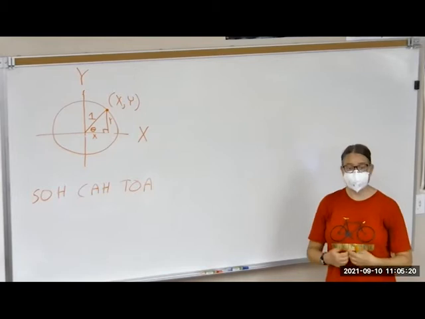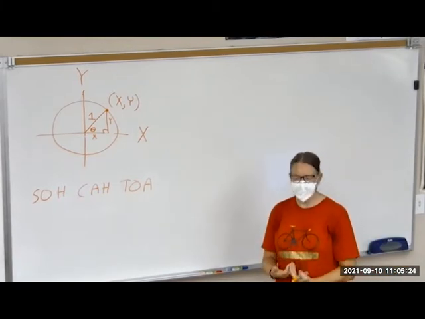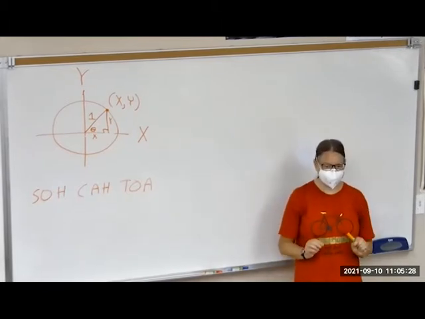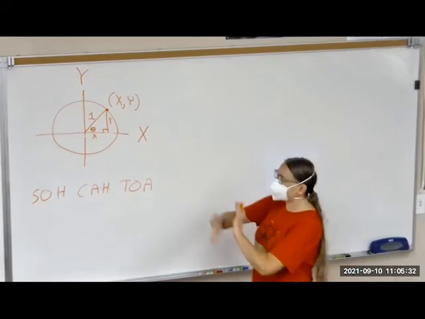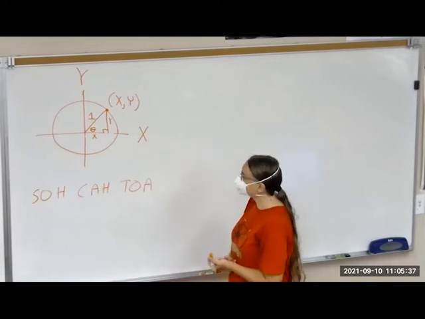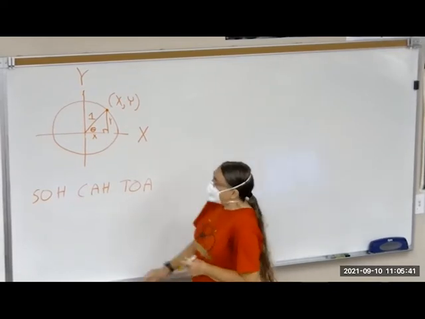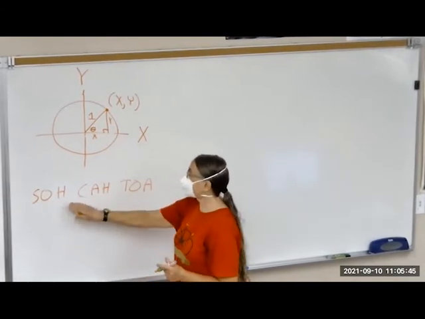So they wouldn't be the actual side lengths, because length can't be negative, although I could interpret them as the signed side lengths. But here I don't even have to worry about whether I'm working with actual side lengths or signed side lengths, because they're the same. And so now the SO in SOHCAHTOA stands for sine is opposite over hypotenuse.